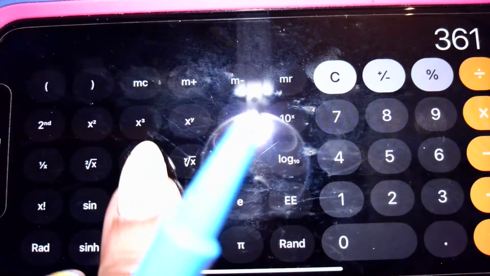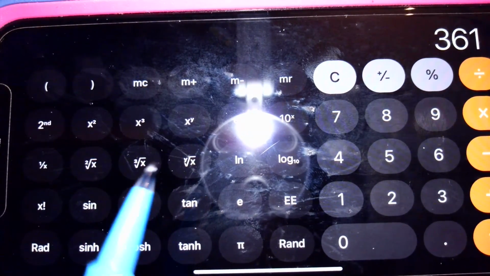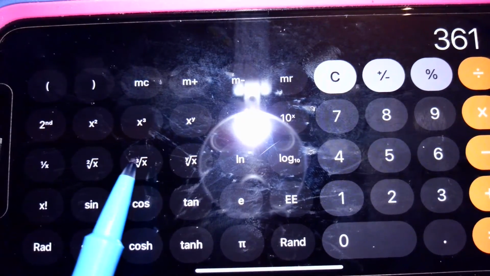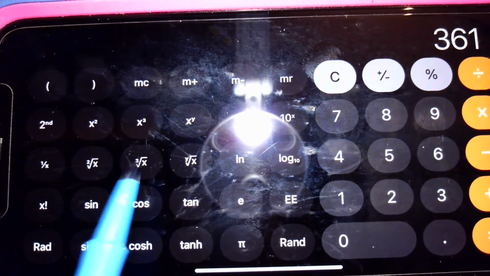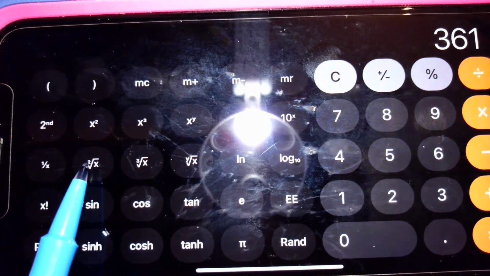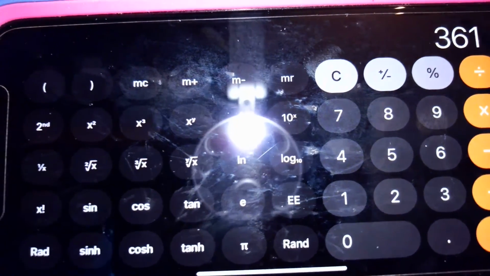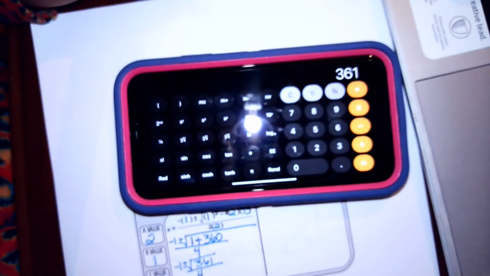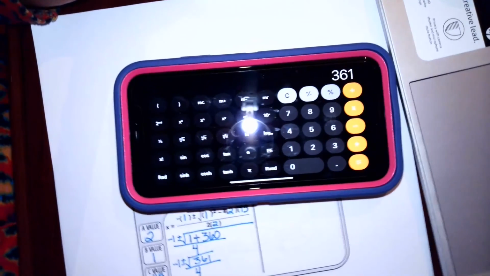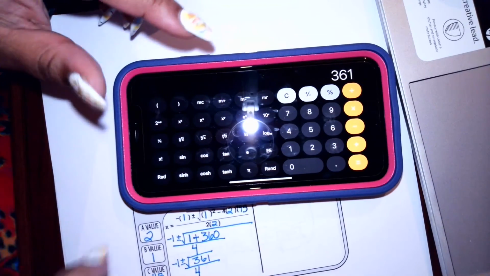So we would not want to hit that button because that is a cube. This one is squared. So just make sure when you're using calculators, you're pressing the right one. I just wanted to show you that real quick.